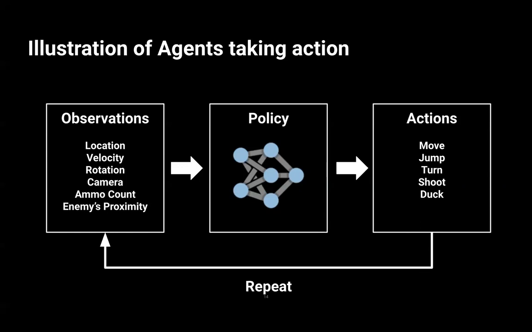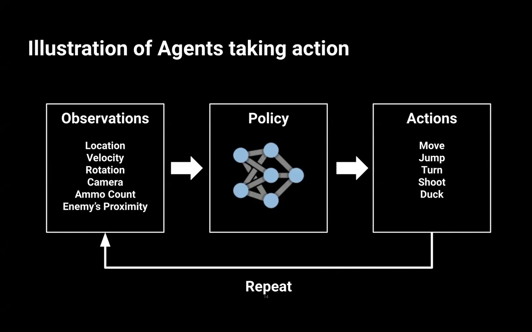And based on these observations, we give these observations to a policy. In our context, this policy is usually a deep neural network. And the neural network spits out actions. And the agent can take these actions: movement, shooting, ducking, and so forth.